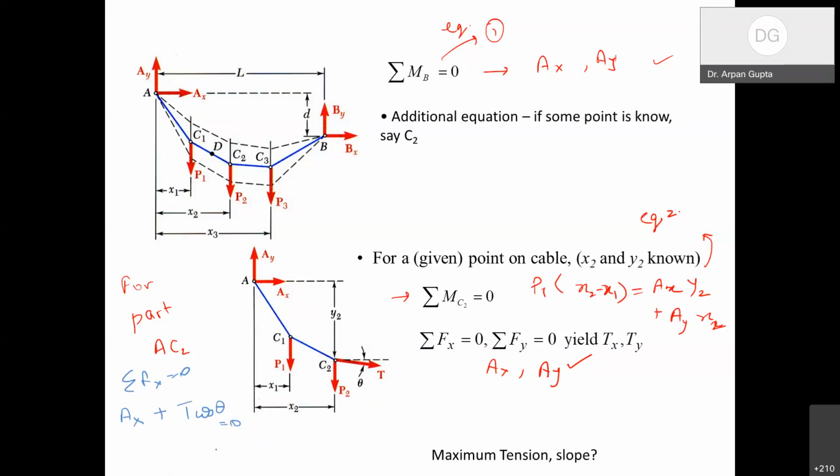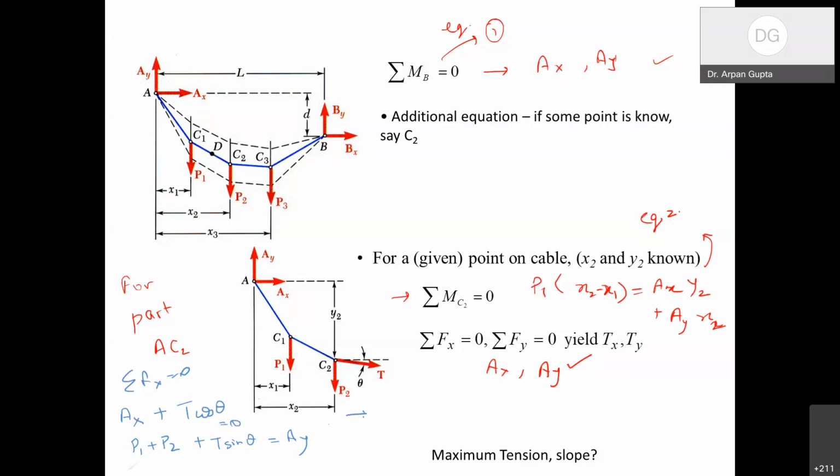This is the first equation. And similarly, if I do summation of Fy equal to 0, then I have P1 plus P2 plus T sine theta should be equal to Ay. Okay, so these are the two equations that we can write from force balance.